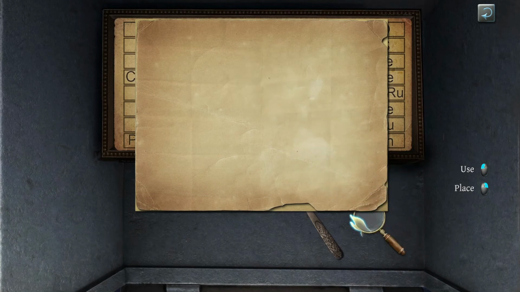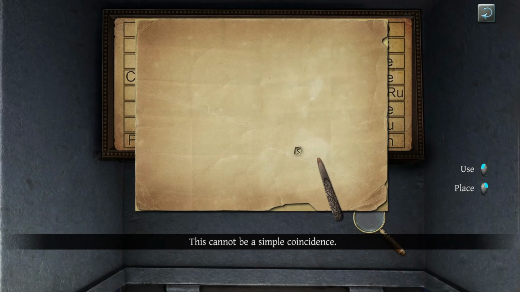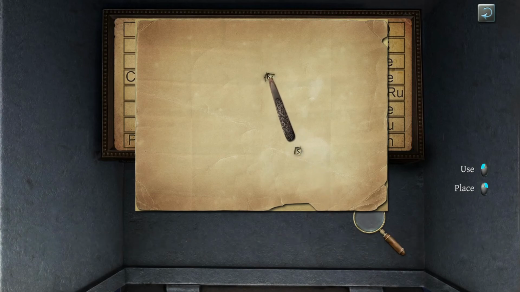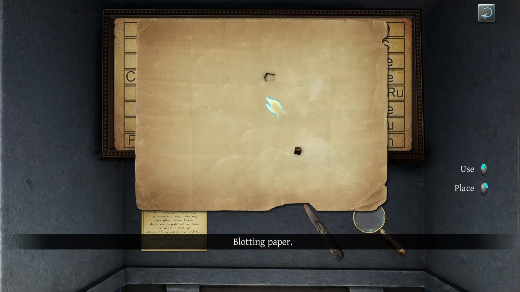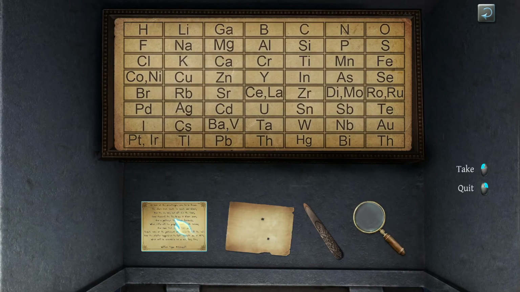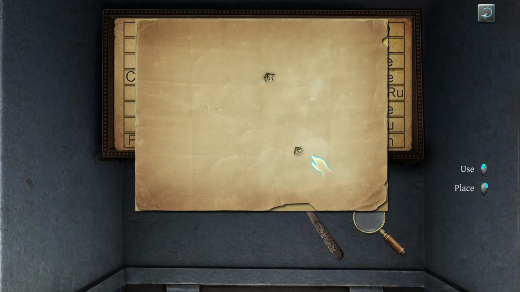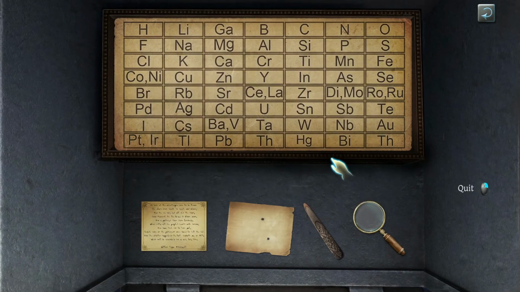So do I need to cut with this? This cannot be a simple coincidence. What else? I can't do that. So, am I understanding? Blotting paper. So what was there then? This. And this.